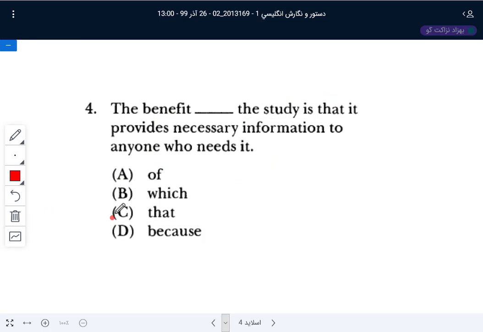Well, if I choose that, what happens? I will have the subject, then I have the noun clause or adjectival clause. Which one? Adjectival clause. Because if you bring that to the beginning of any clause, subject and verb, this can be either an adjectival clause or a noun clause.